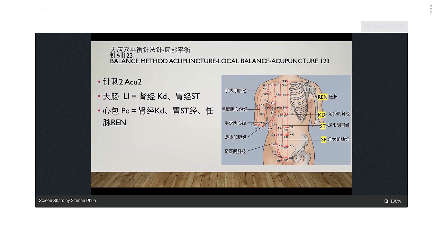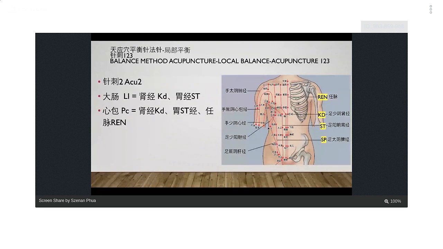Now, in our class, we show you how to do this. This is acupuncture 2. Then we figured out large intestine can balance kidney meridian as well as stomach meridian. Large intestine balancing kidney meridian is through system 4, and large intestine can balance stomach meridian that is system 1.